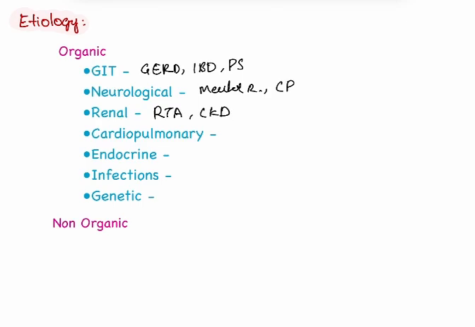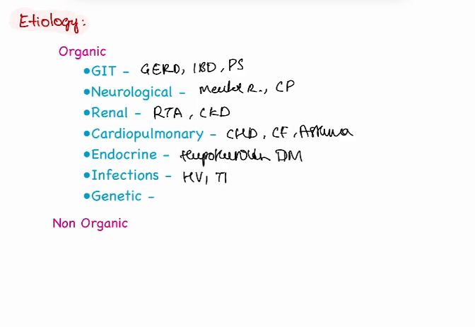The cardiopulmonary diseases are congenital heart diseases, cystic fibrosis, asthma. The endocrine causes are hypothyroidism, diabetes mellitus. The infections are HIV, TB.